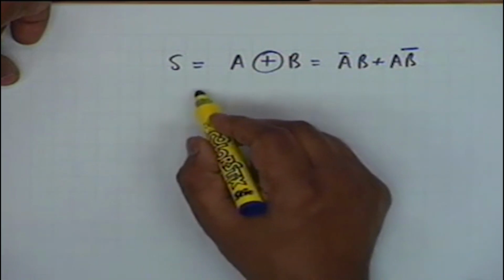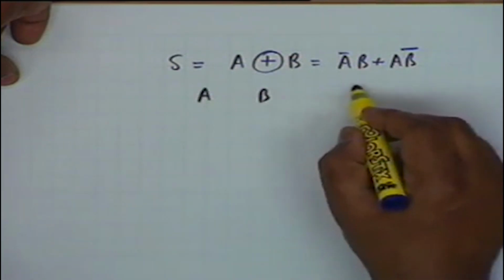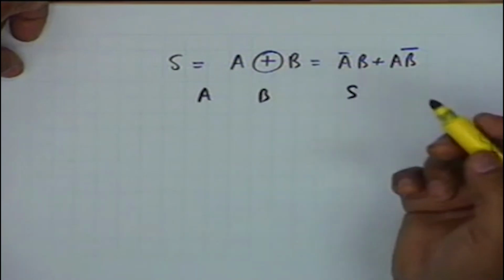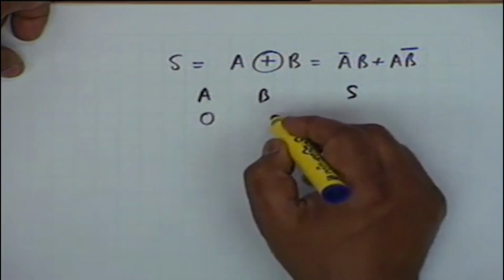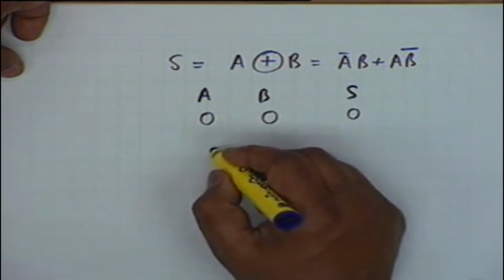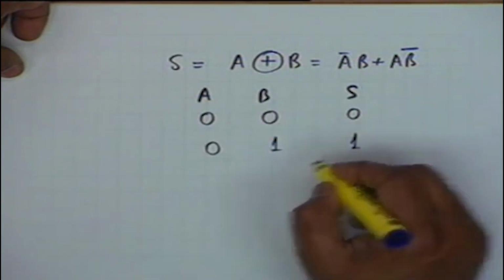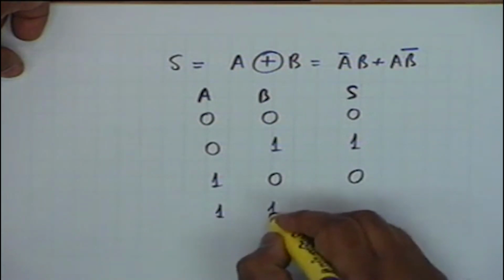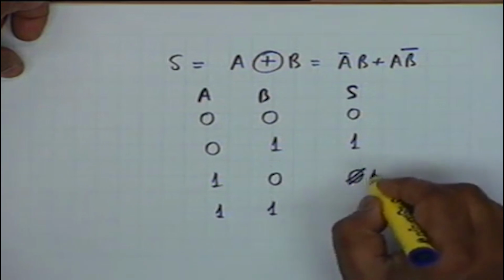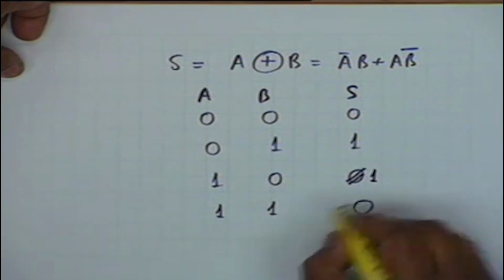If I write the truth table, A, B and S, the truth table is the same as that of the sum bit. 0, 0 is 0; 0, 1 is 1; 1, 0 is 1; and 1, 1 is 0.